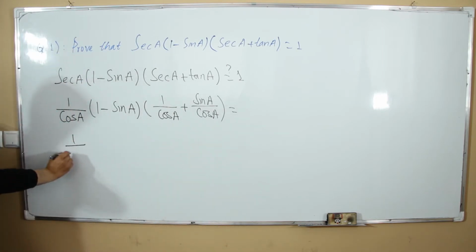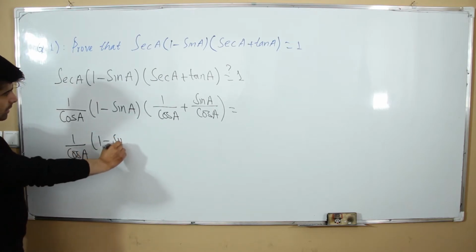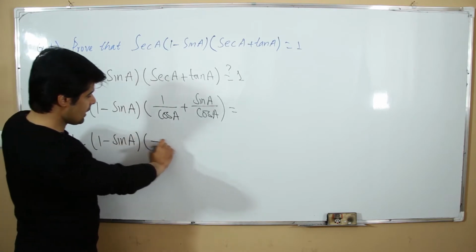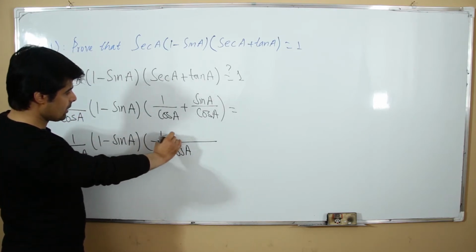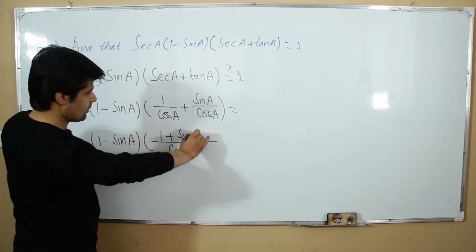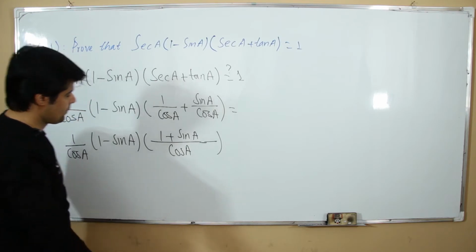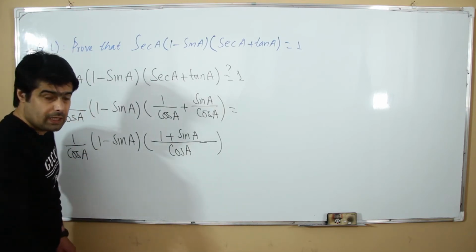I mean 1 divided by cosine A, 1 minus sine A. So we have a factor in the denominator, cosine A. It is 1 plus sine A. 1 plus sine A.